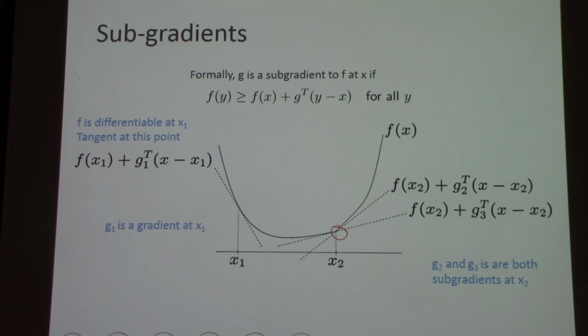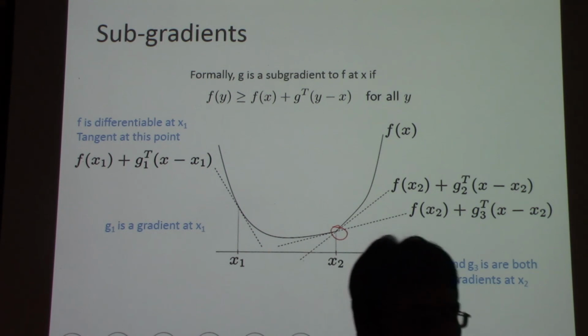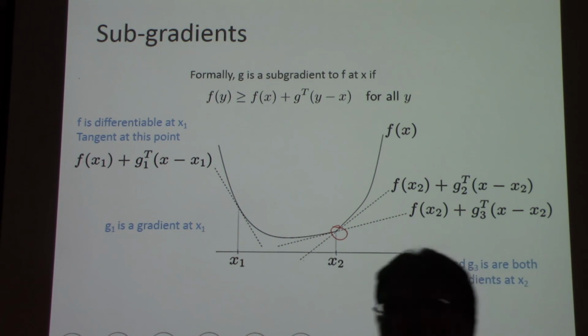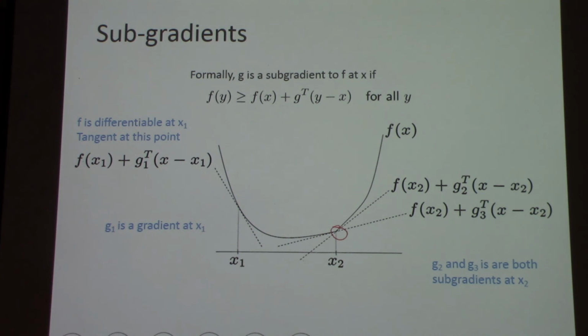And there's a formal definition for subgradient. If there's a formal definition, you can look at it, but the intuition is at point x1 it's differentiable, and this subgradient is really a set of directions, and at points where the function is differentiable, the subgradient is just exactly the same direction as the gradient.